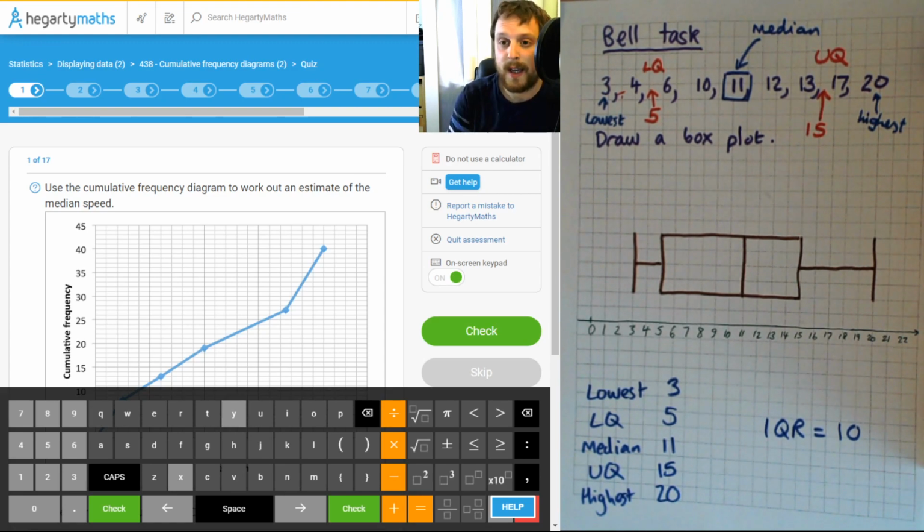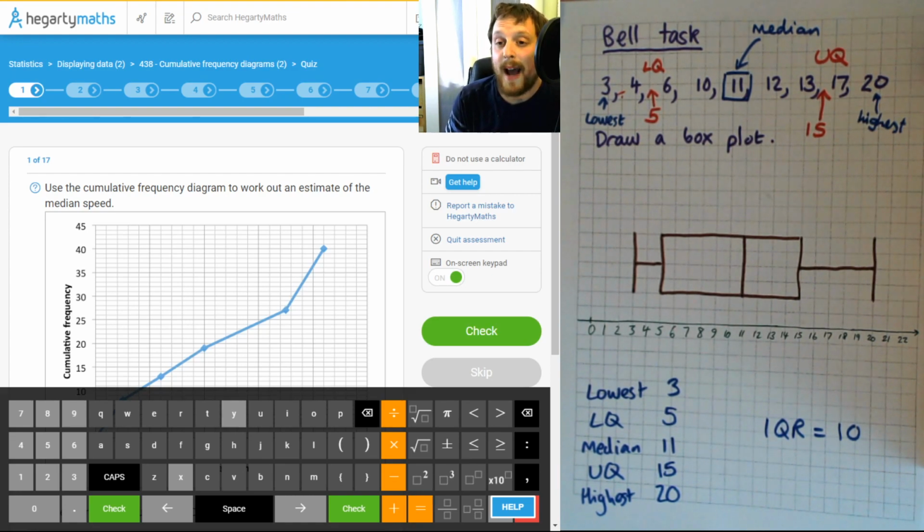You would do 100 take away 40. But that's not a very good measure of the spread and consistency of the class, because it was actually just one person who was a bit of an outlier, didn't really fit with the trend of the rest of the class. If I asked you what the interquartile range was, you would get a much smaller number and a much truer representation of how spread out the values were in the class.